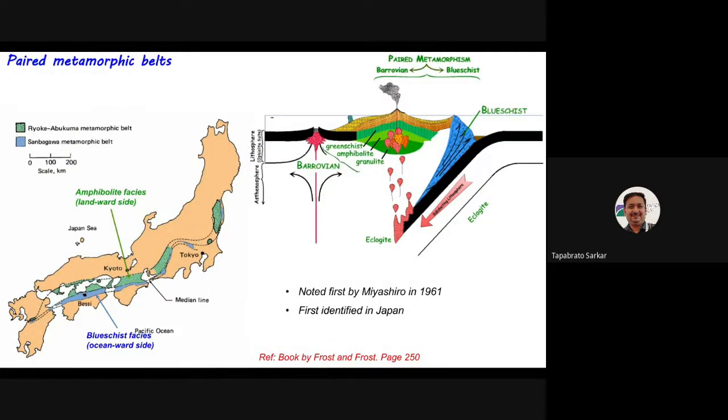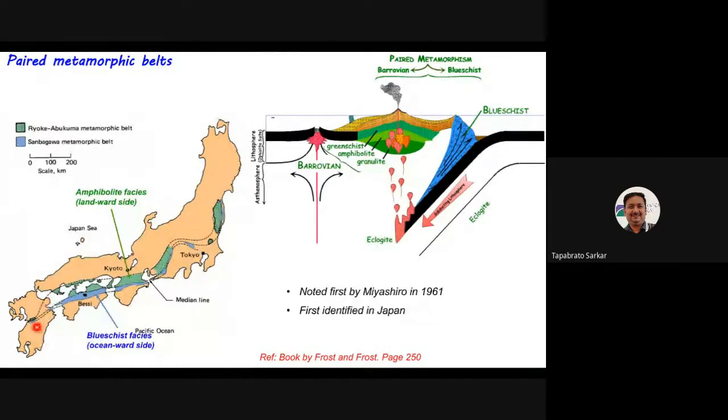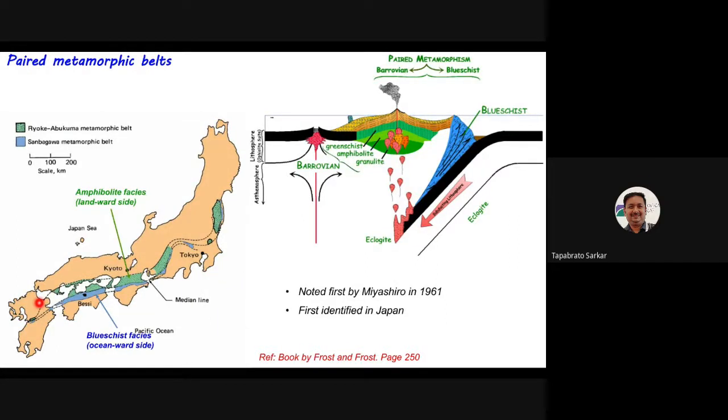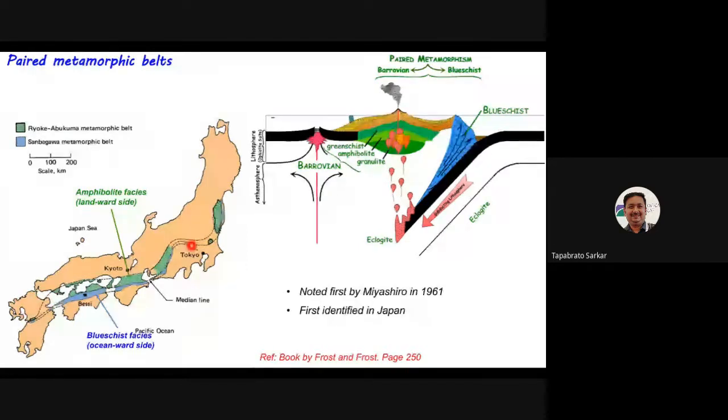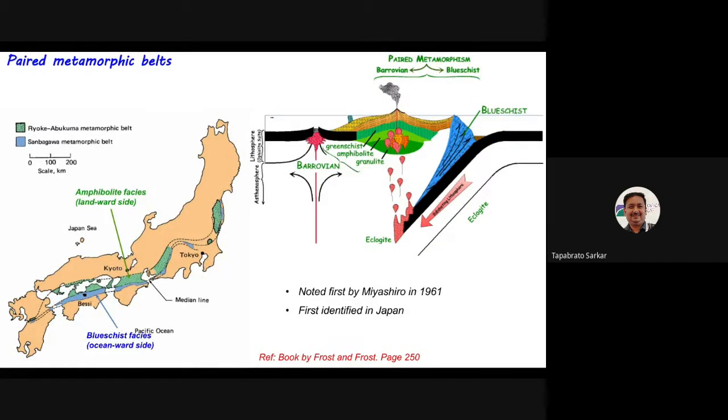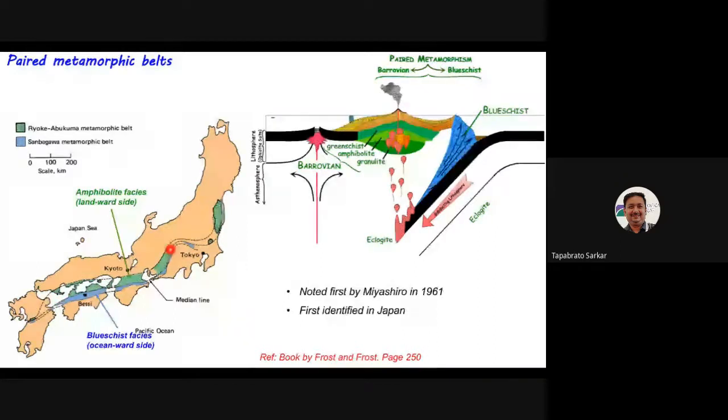So I give you the background: in Japan, where it was first identified, what people saw is that there is a narrow belt of rock which is blue in color, practically the blue schist, and behind that there is a narrow belt of rock parallel to it, which is green in color, which is actually amphibolite facies in condition.